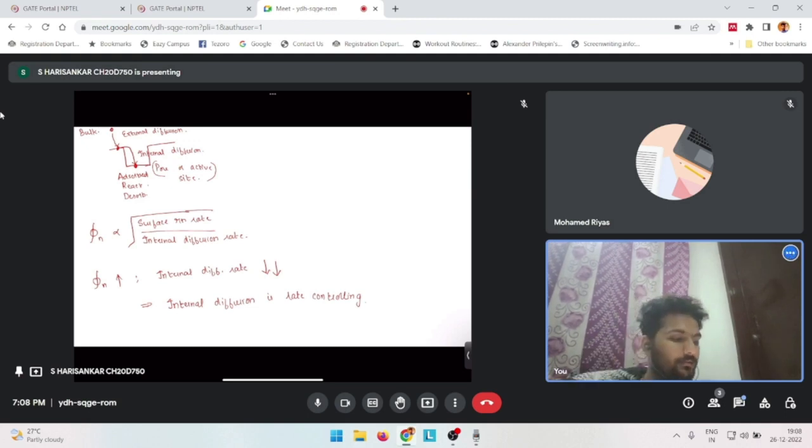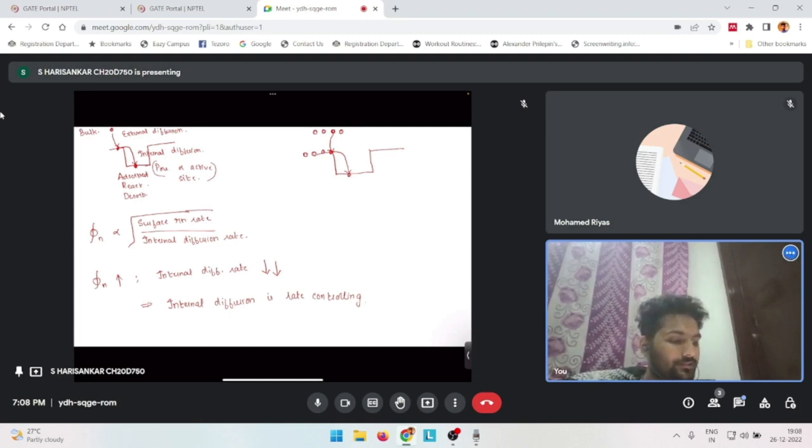So here your particle externally diffuses to the surface. Let's say you have multiple particles. These particles will first diffuse to the external surface, and then from here they have to diffuse internally to the catalyst active site.